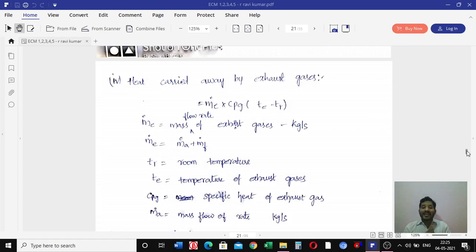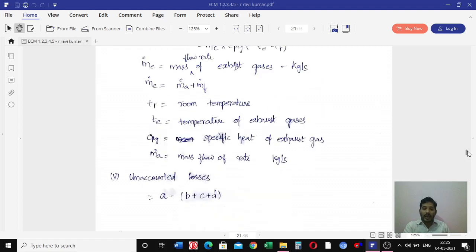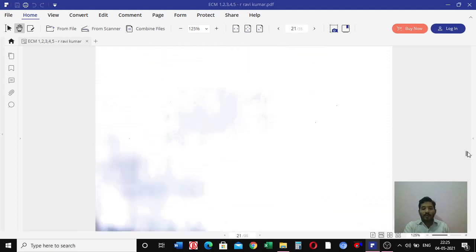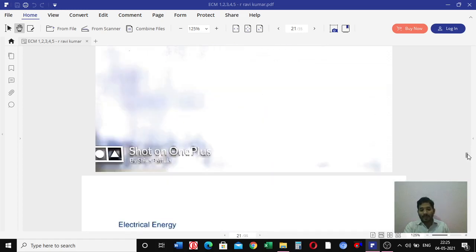From that we can easily find the heat carried away by the exhaust gases. The unaccounted losses we can measure by A minus B plus C and D.